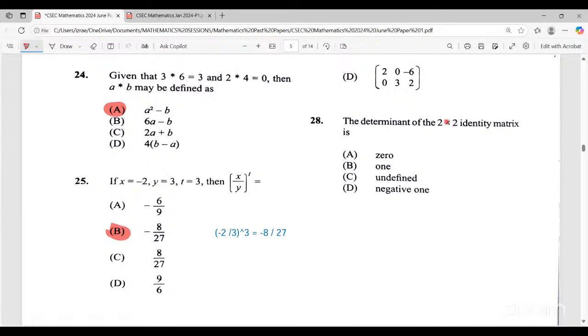The determinant of a 2 by 2 identity matrix is? Remember, the identity matrix is 1 0 0 1. The determinant will be 1 by 1 minus 0 by 0. That should give you 1.